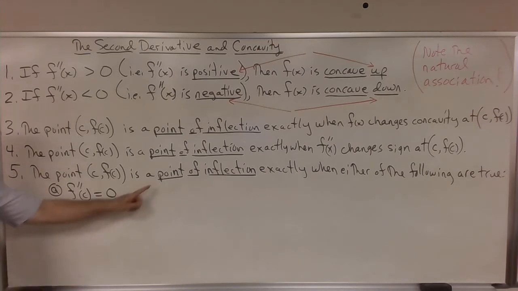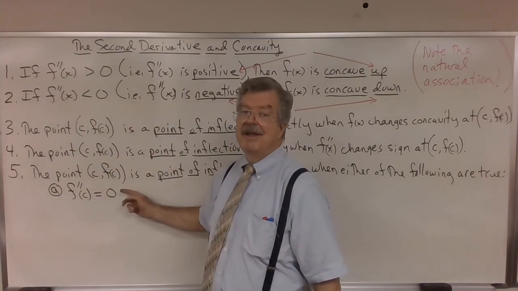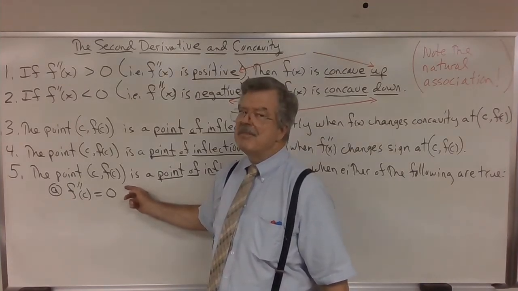See, in order to have a point of inflection, the second derivative has to change sign at x equals c. One way that that can happen is if the second derivative evaluated at c is 0. And you'll never guess what we call x equals c. Well, maybe you might.